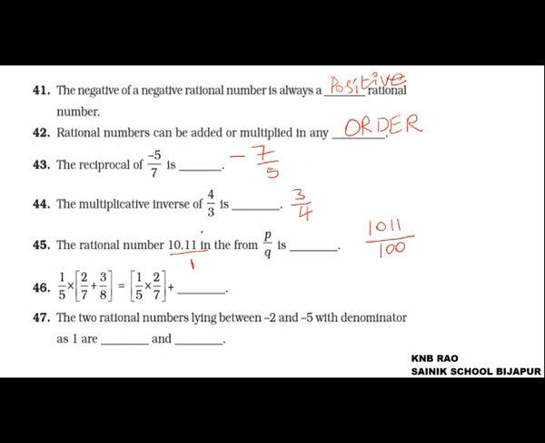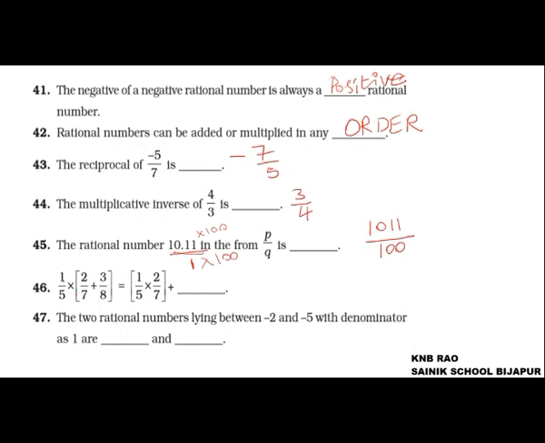And numerator is multiplied by 100 gives without point 1011. So denominator must be multiplied with the same number as numerator is multiplied, gives 100 in the denominator. So we can bring it into the form of p/q as 1011 upon 100.